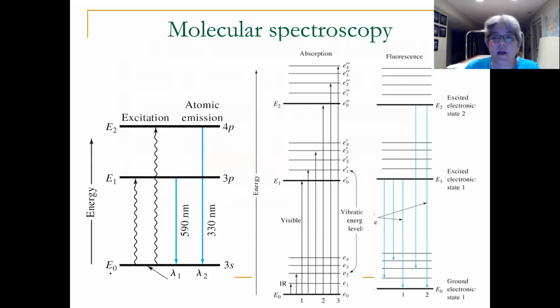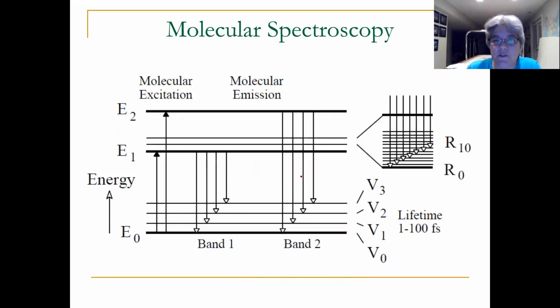So we said an atomic energy diagram looks like this, very simple. Molecular, much more complicated. We have the electronic levels, but then we have the vibrational levels. And then remember, on top of these vibrational levels, we also have rotational levels.